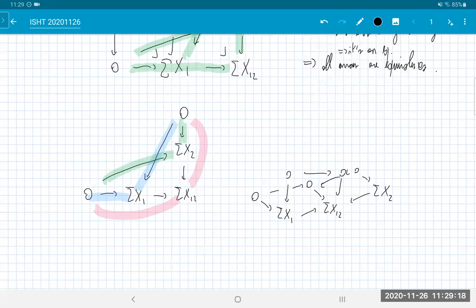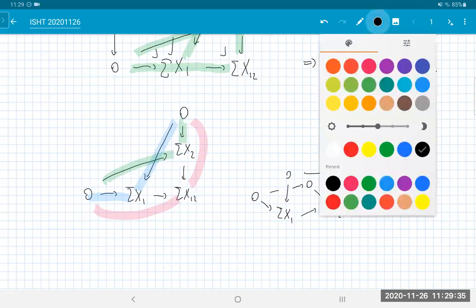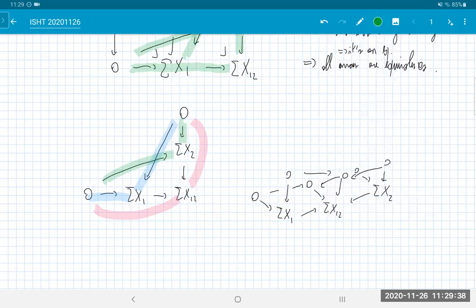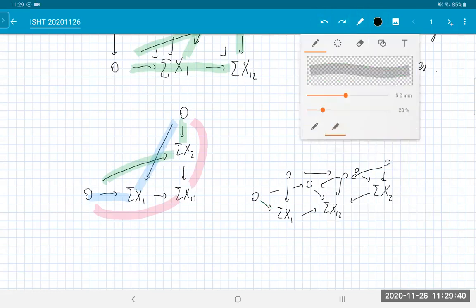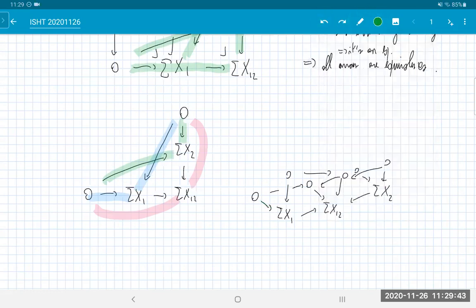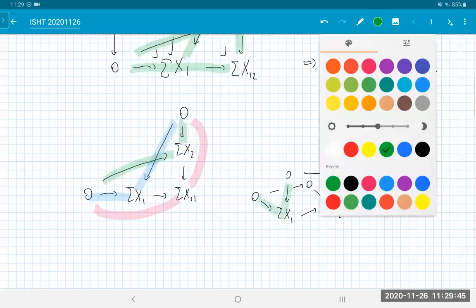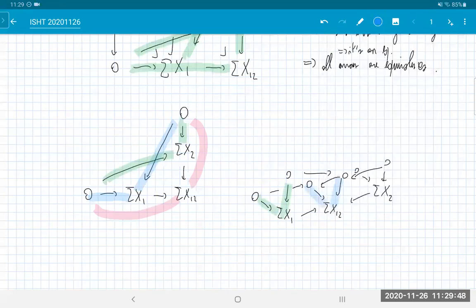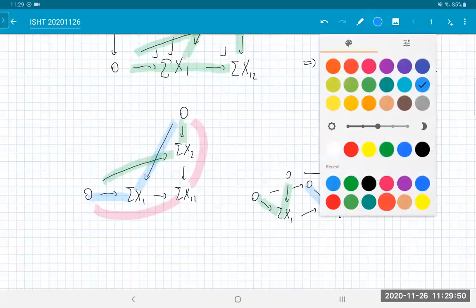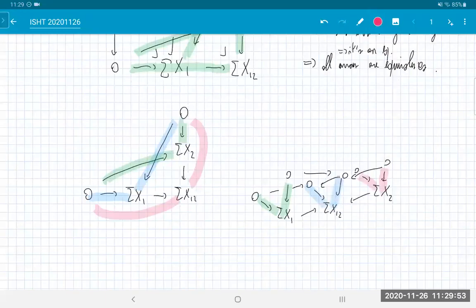Maybe this zero is too high. Well, the limit of this bigger diagram is exactly the limit I claimed, because you can just first compute the limits like this, and like this, and like this.